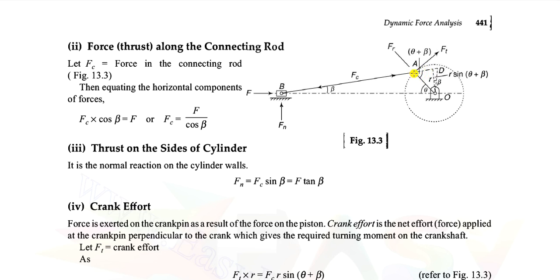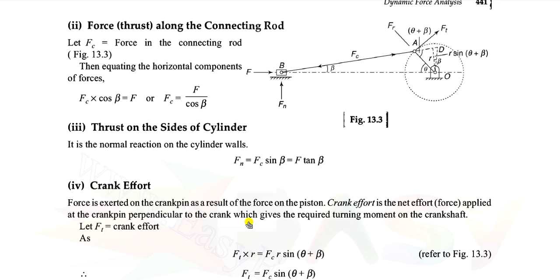Now if I am drawing a horizontal, this is Fc, and this angle is theta plus beta. So what will be this component? This is the cos component, and this will be the sine component along this.